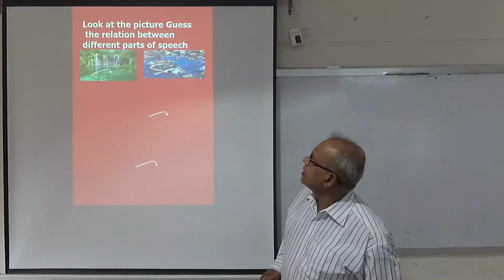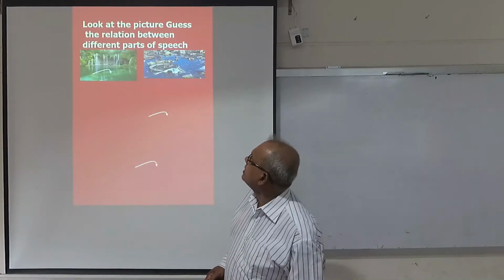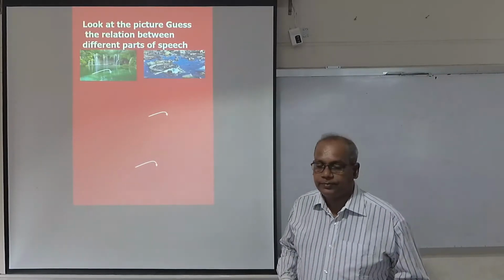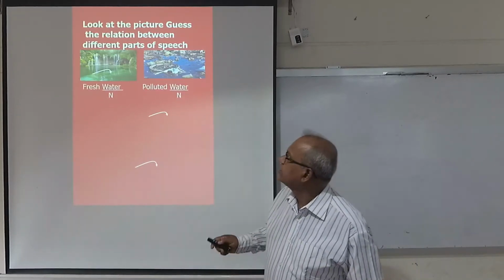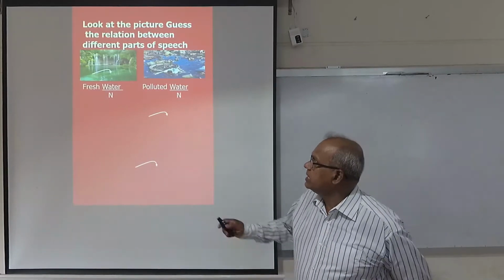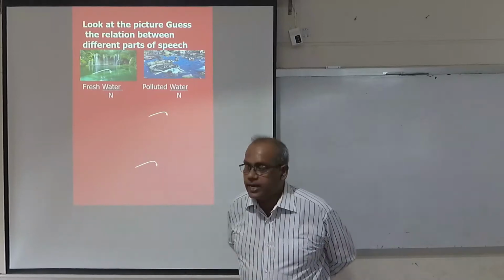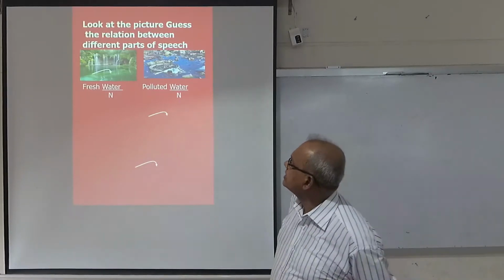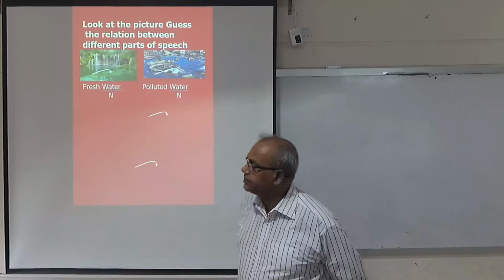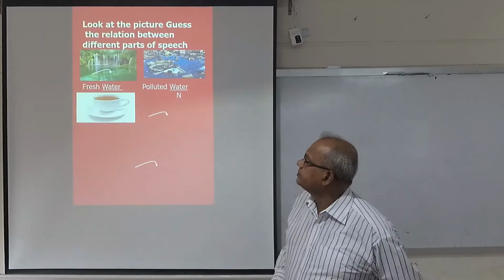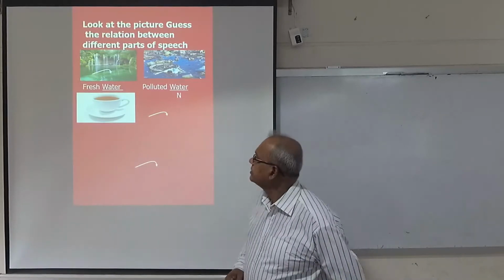Now, look at the picture and gauge the relation between different parts of speech. In the first picture, you see fresh water, and in the second picture, you can see polluted water. Next picture, a cup of tea.